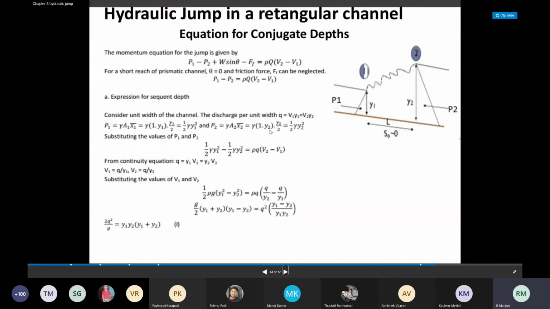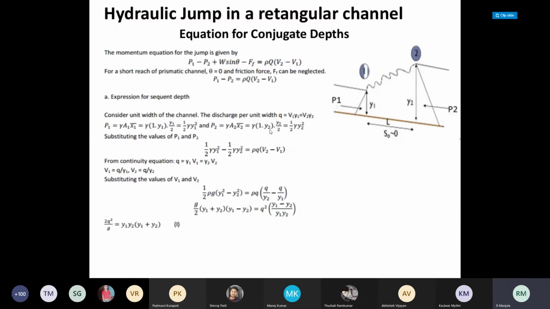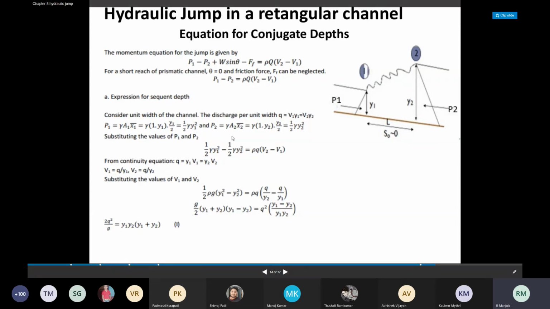Then how are we actually going to derive this conjugate depth? What is the equation for the conjugate depth? The momentum equation for the jump is usually given by P1 minus P2.